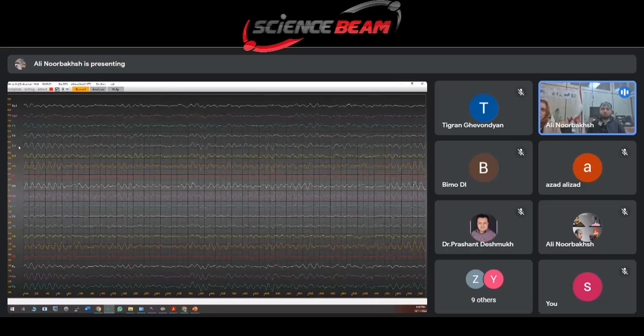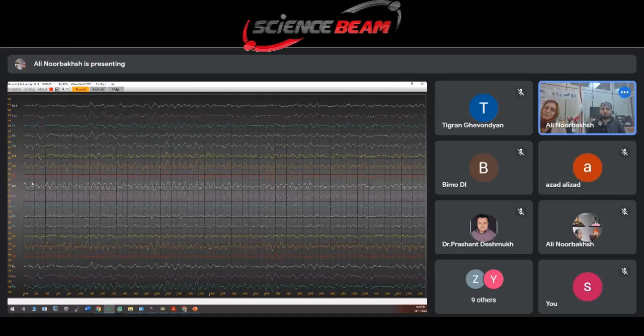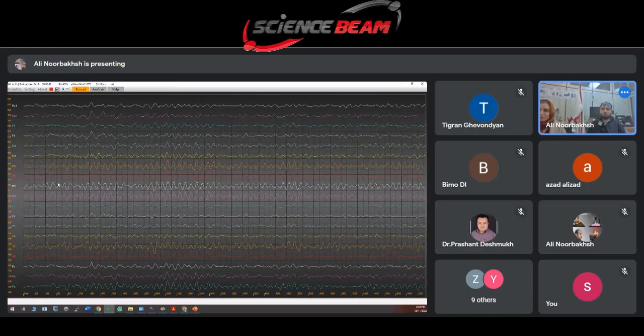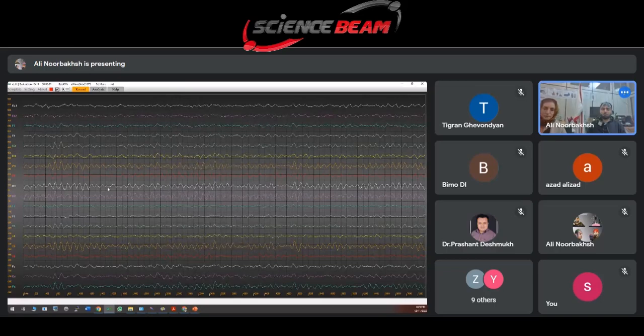You can see alpha wave and occipital lobe. Can you see alpha? Can you see alpha on the back of the head?